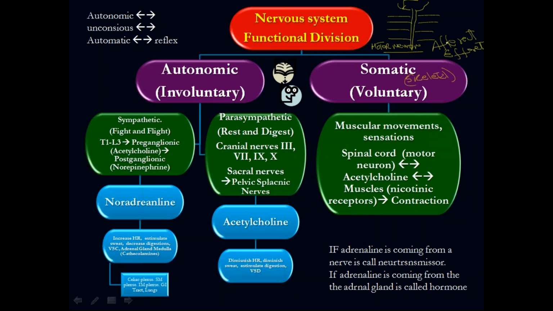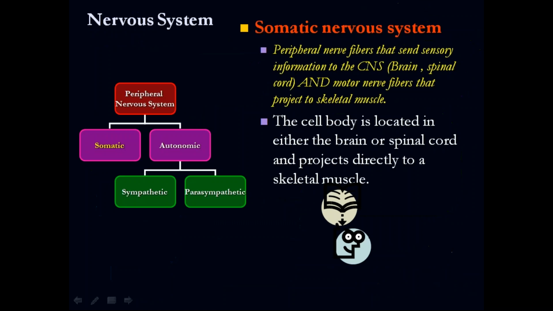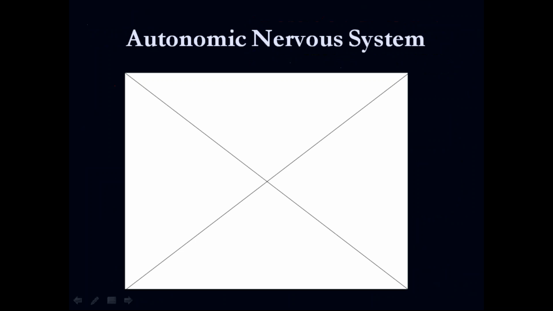Remember when we were hitting our hands and then having pain and then coming back with information, that is the somatic nervous system. And the autonomic involuntary is going to be divided into the sympathetic and the parasympathetic nervous system, right?